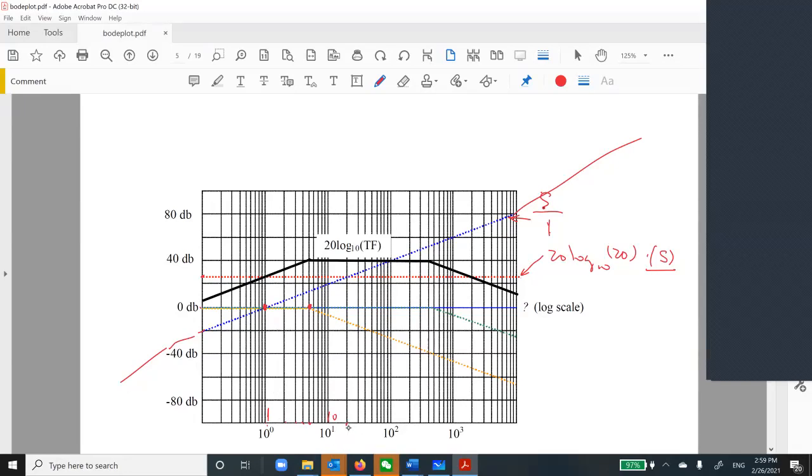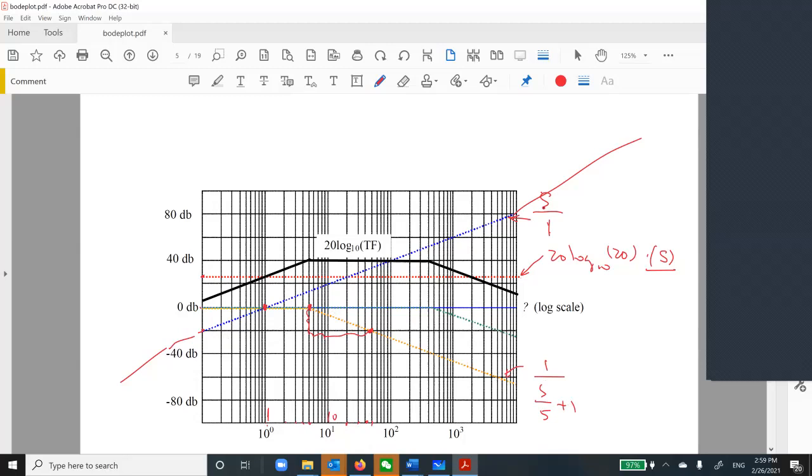So this is 5, 10, 20, 30, 40, 50. So this is my 50. From here to here is 1 decade, so I need a minus 20 dB slope because it's a pole. Therefore, I draw this dashed line. So this is like S divided by 5 plus 1.